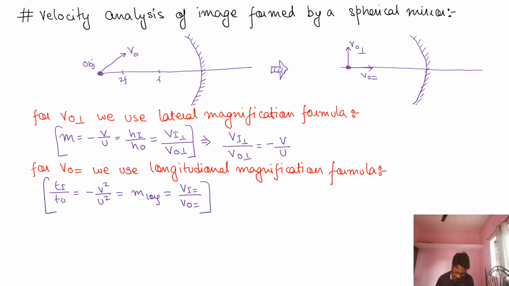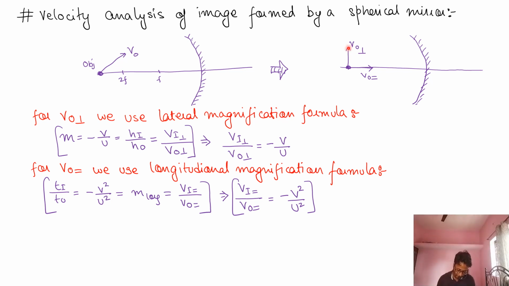So using these two formulas we can simply write velocity of image parallel to the axis divided by velocity of object parallel to the axis is equal to minus v square by u square. And using this we solve our problems.